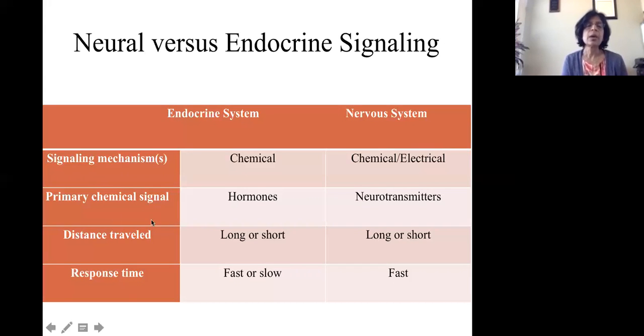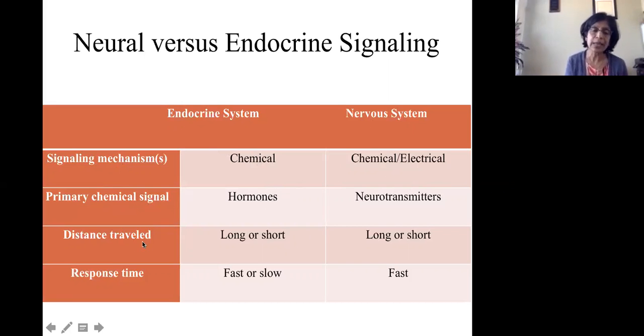The signaling mechanism in the endocrine system is always going to be via hormones, which are chemical substances, whereas in the nervous system you have neurotransmitters, those are chemicals, and then the electrical signal, the action potential, that they use. The primary chemical signal in the endocrine system obviously is hormones, whereas in the nervous system it is neurotransmitters.